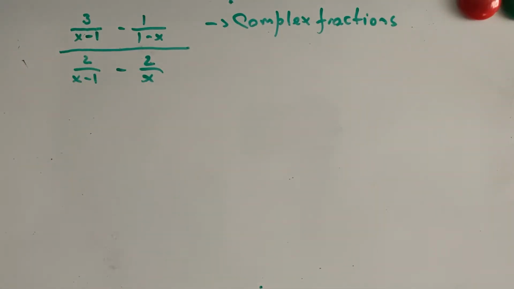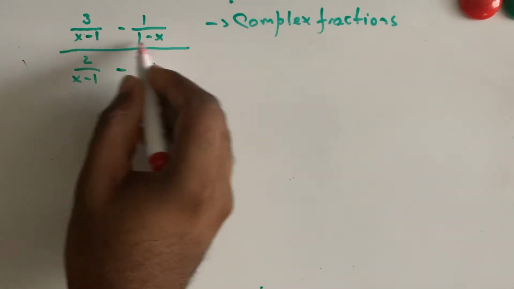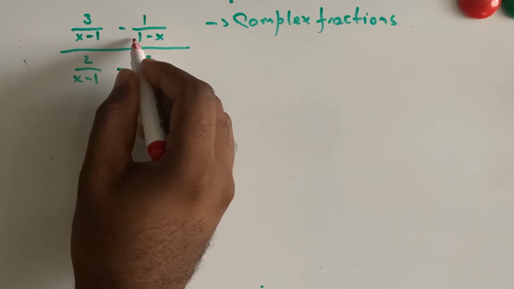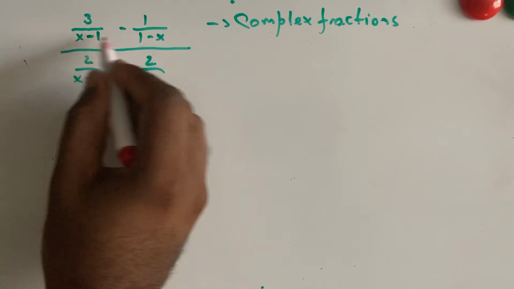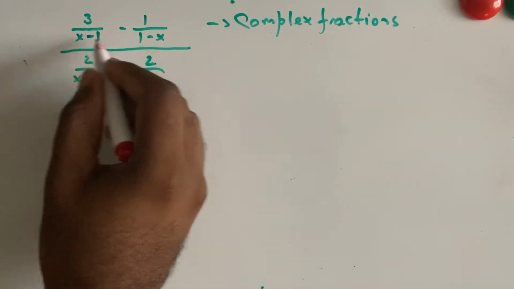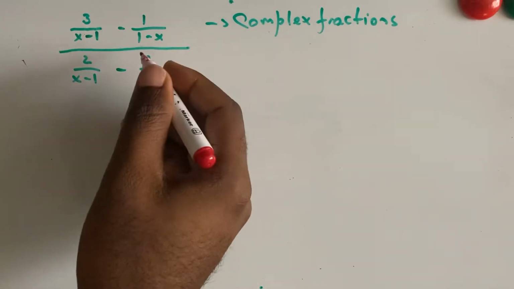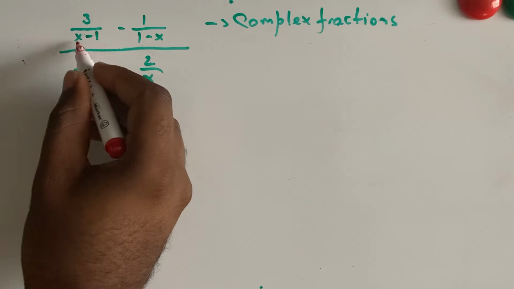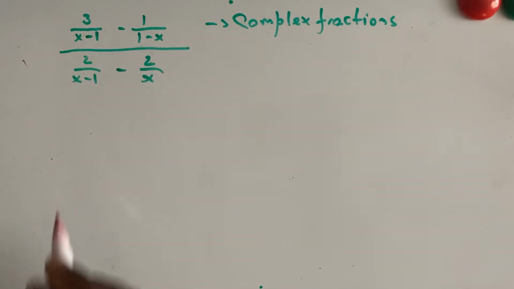By the way, before you start, right here you have x minus 1, and this is 1 minus x. So if you factor out a -1 here, you may make it look just like what you have here, okay? Because it's the opposite of this. Now, you can do that only if it's the opposite. If it's not the opposite, I would have had to consider everything in the LCD. So the LCD would be x minus 1, 1 minus x, and x. Okay? So that would be the LCD.